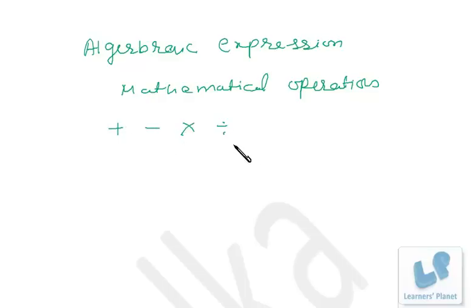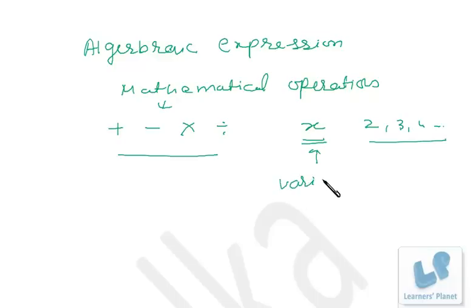All of these are mathematical operations, and we know constants, like 2, 3, 4, and variables. So we form an expression that is made up of variables and constants, connected by arithmetic or mathematical operations.